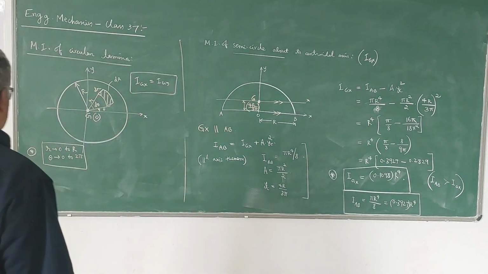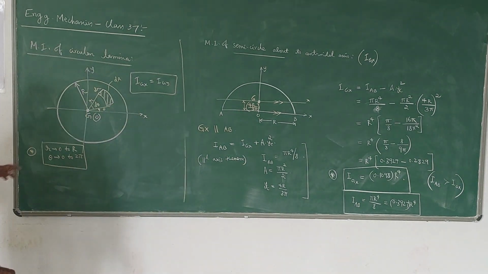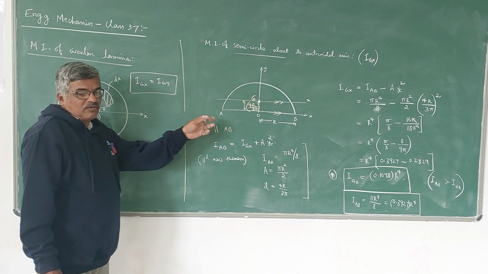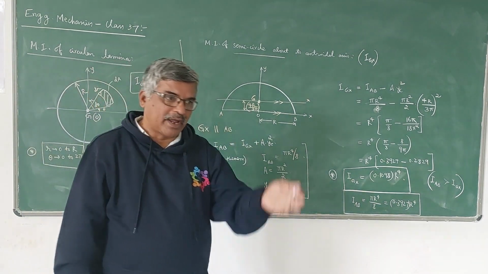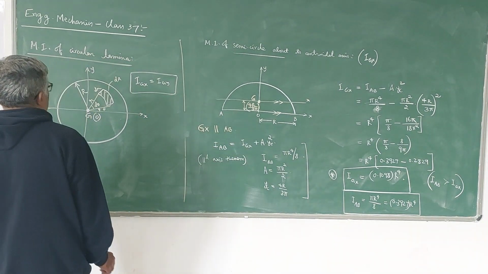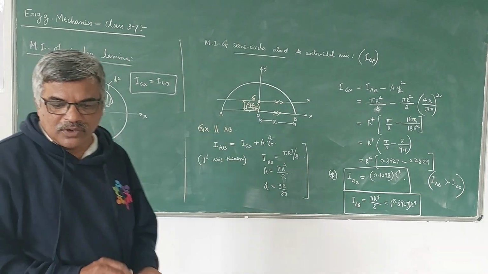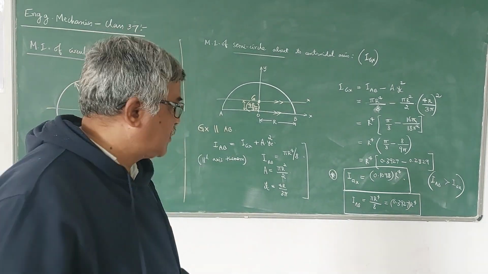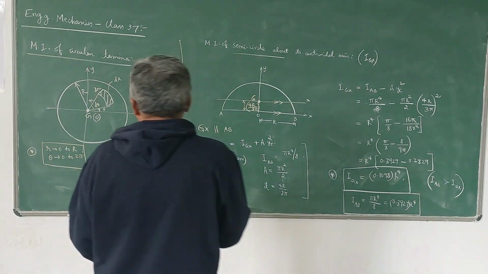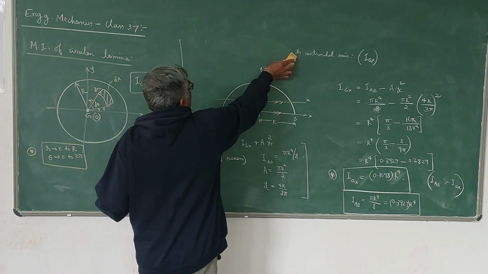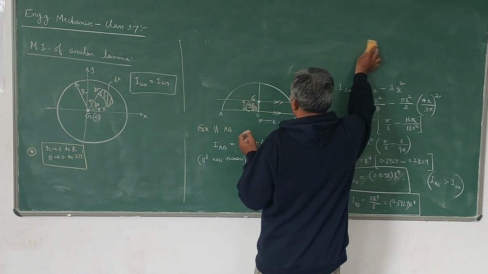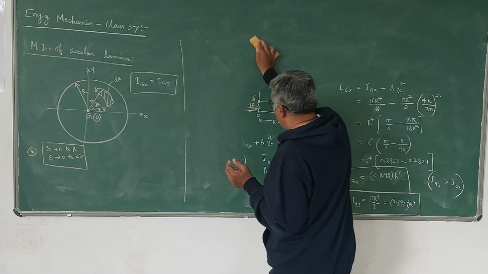The limits of integration for theta will be 0 and 2 pi, whereas for a semicircle it is 0 and pi. In the case of a quarter circle, the limits of integration will be from 0 to pi by 2.